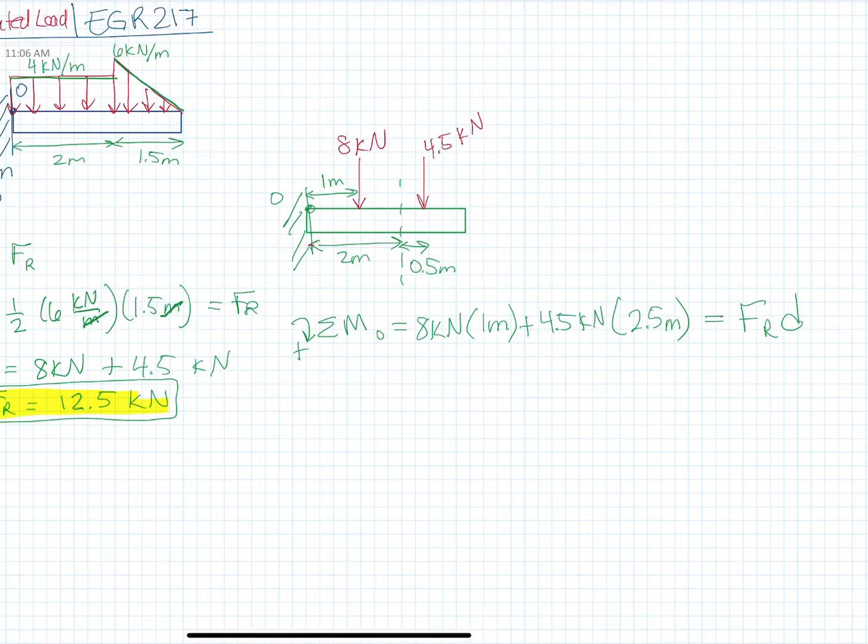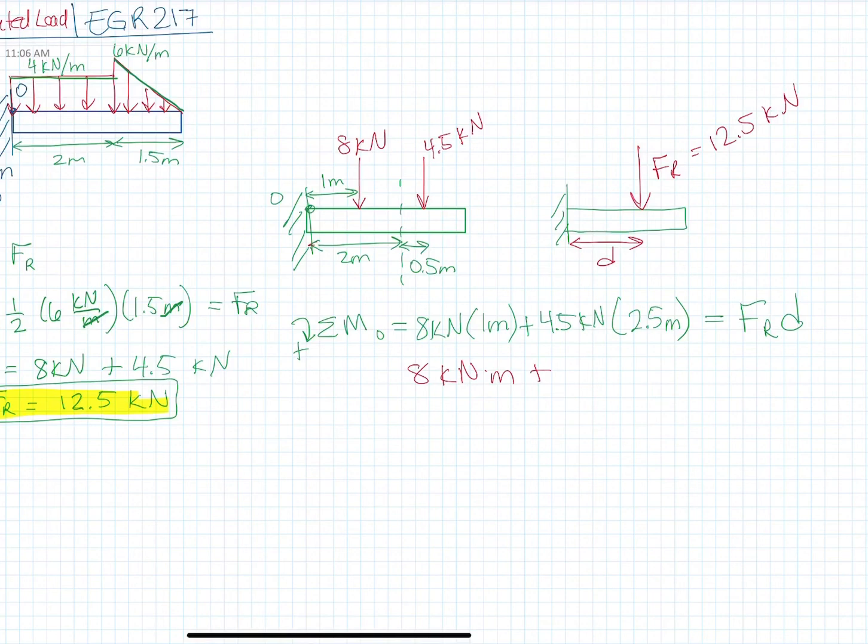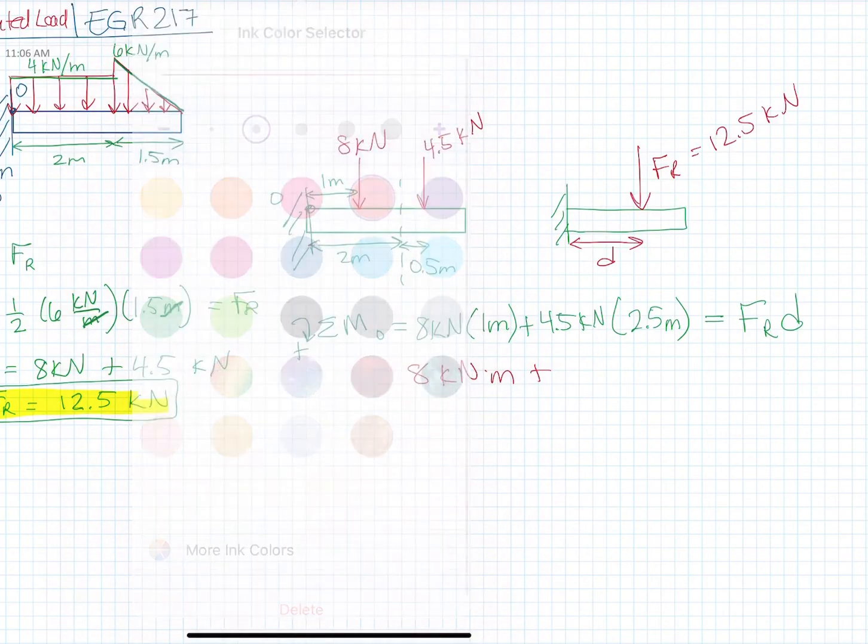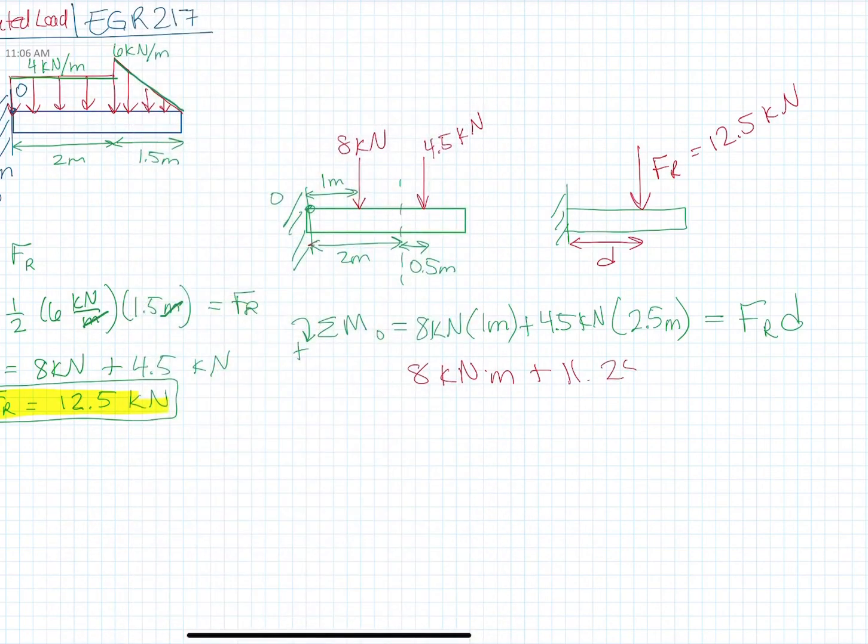We're trying to figure out where we can put that resultant force to represent all the forces. Maybe I'll draw it again here. We're trying to come up with one force, which we already found to be 12.5 kilonewtons, and now we're finding that distance. So that gives us 8 kilonewton meters plus 4.5 times 2.5, which is 11.25 kilonewton meters.